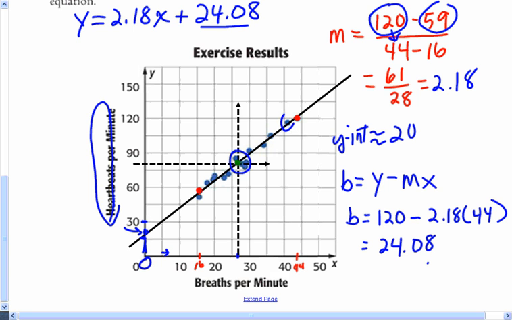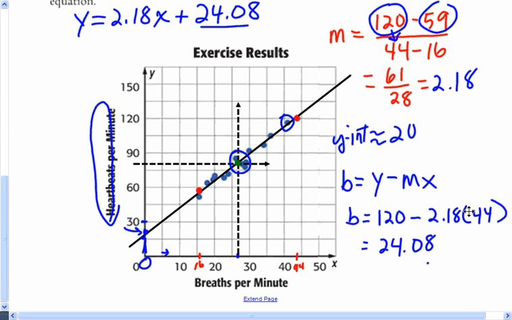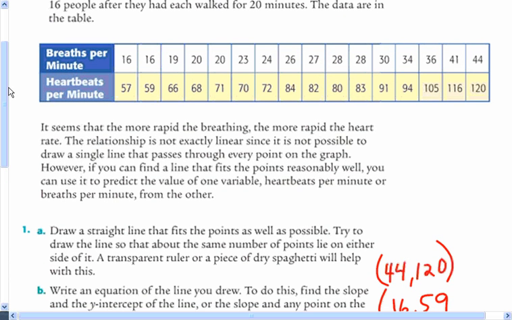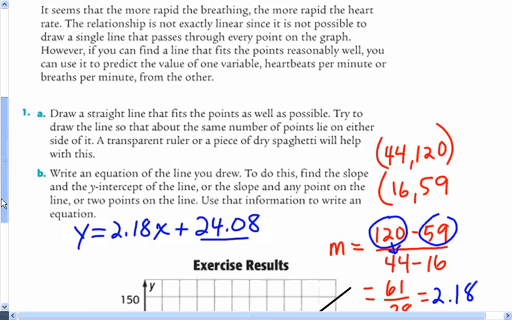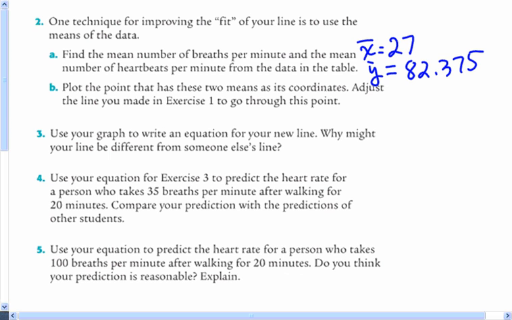And I think I'm going to use this one right here. All right. So the second to the last dot is the 41, 116. And then I'm going to use my average for the other one, and I'm going to come up with my equation by doing that.